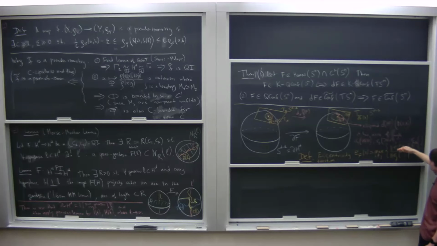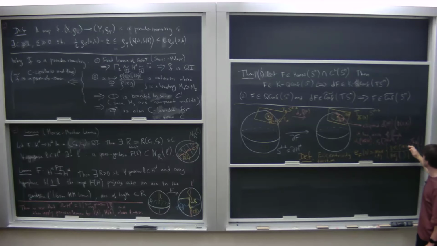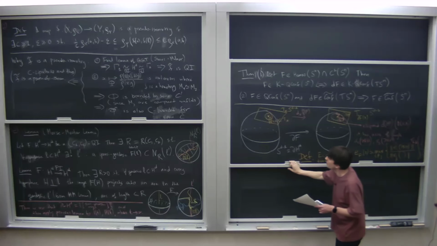So I basically just write down the longer one divided by the shorter one. So this is my eccentricity function.